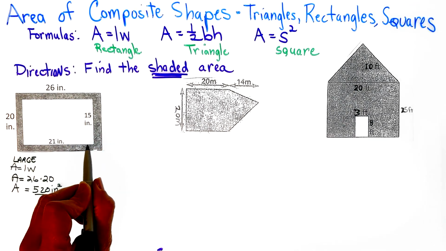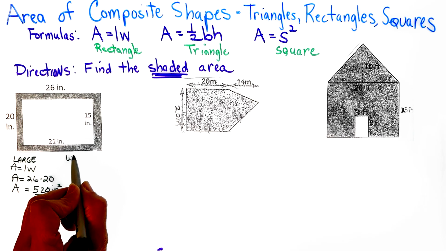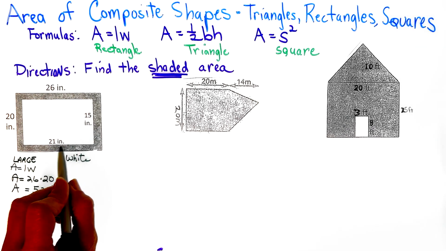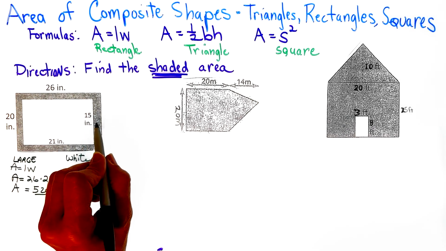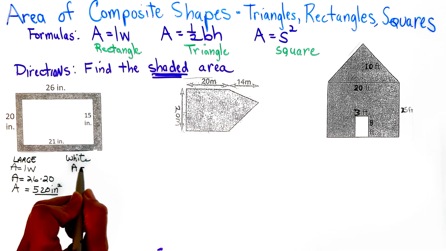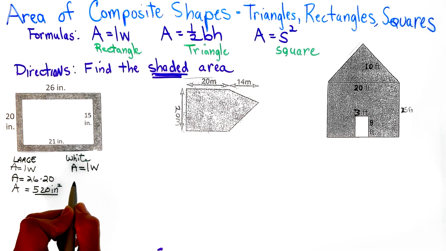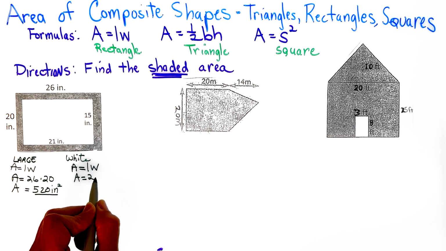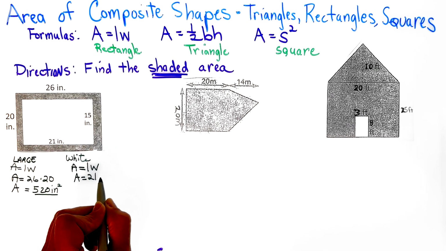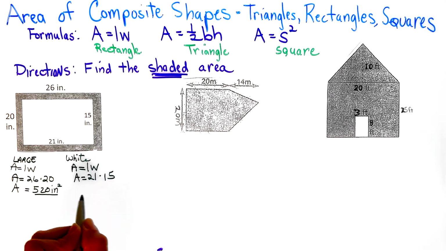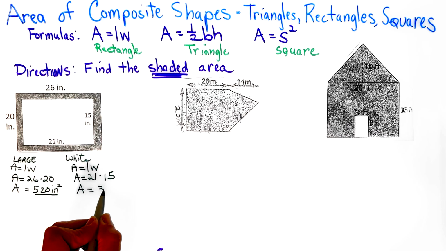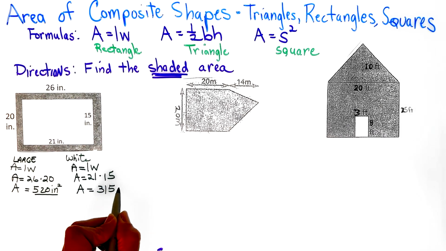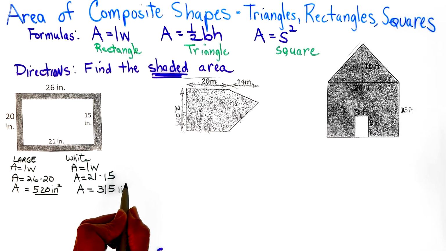So now I'm going to find the area of the white, and it is a 21 times 15. So area is equal to length times width. The dimensions were 21 times 15. So when I do 21 times 15, I get 315 inches squared.